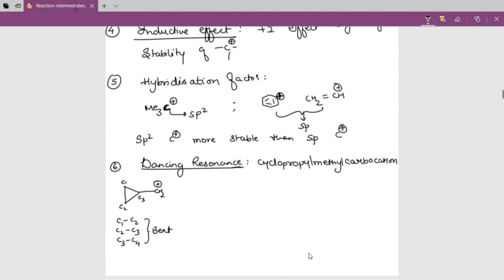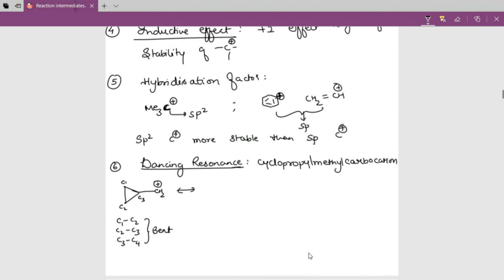They are intermediate between sigma and pi. They are not on the internuclear axis of the two atoms. Roughly, they are bent by approximately 21 degrees from this internuclear axis. Those bonds are found to be parallel to the empty p orbital of this CH2+.